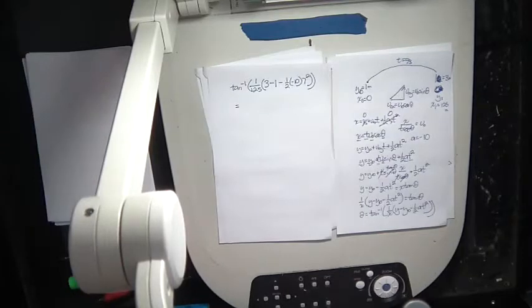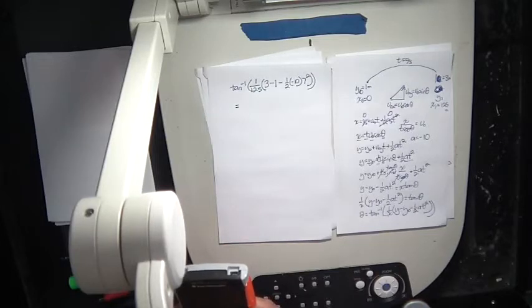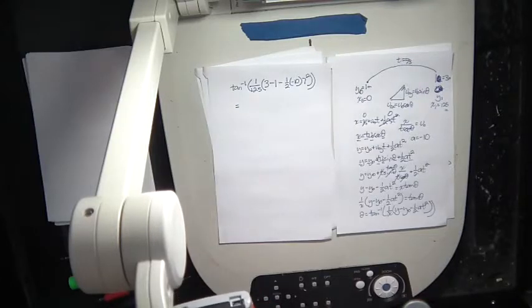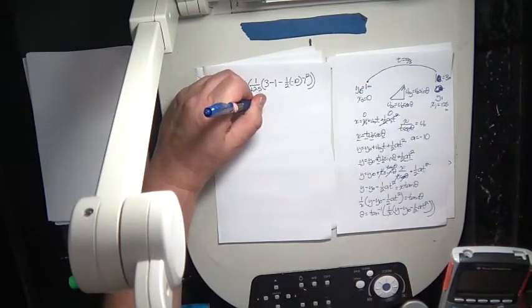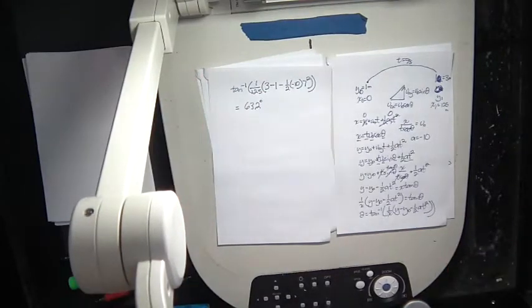And that gives me, let's see, 2 plus 5 times 49, divided by 125, inverse tan. 63.2 degrees.